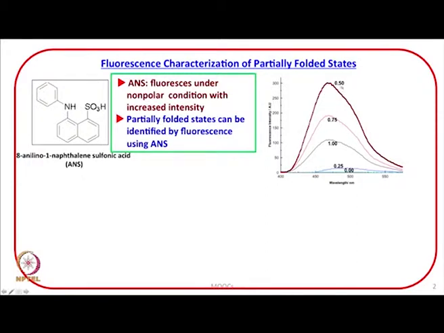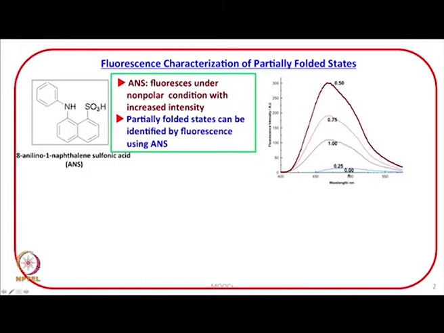So, this emission corresponds to those conditions where 0.5 molar hexafluoroisopropanol has been added to alpha lactalbumin, and since the protein under these conditions is in the molten globule state, you see the fluorescence emission of ANS is very high compared to other concentrations of hexafluoroisopropanol where the protein is not in the molten globule state.